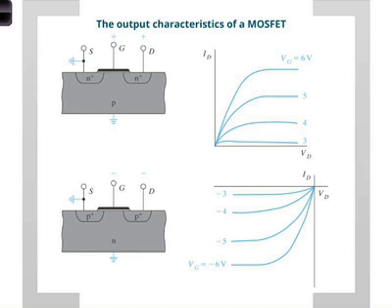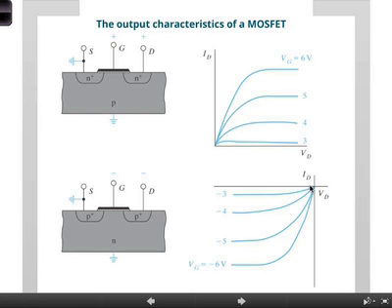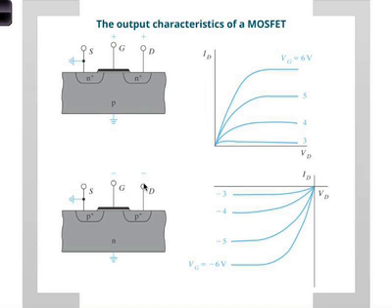Which way is the current? Same direction, yeah. Okay, so now you can see the VD is negative, right? And the current is, by convention, always referred from drain to source. And the reason for this is actually a little bit historical.